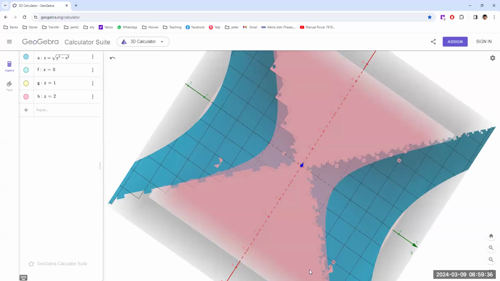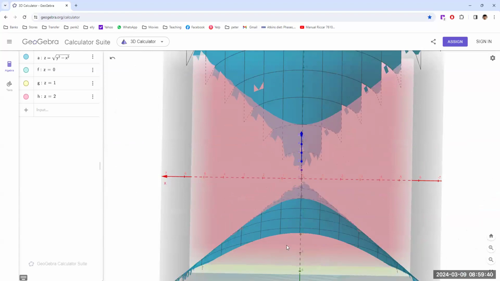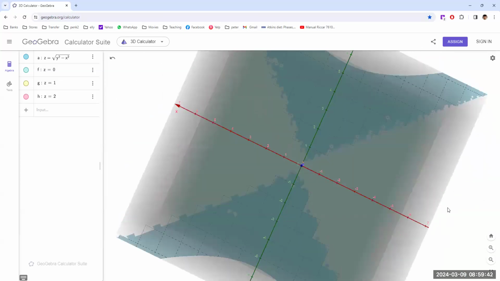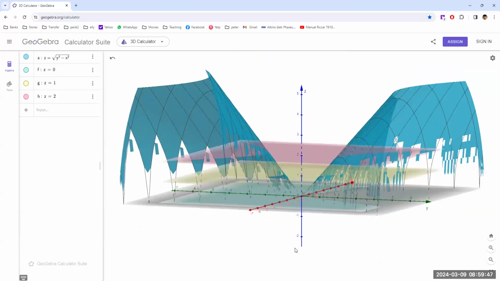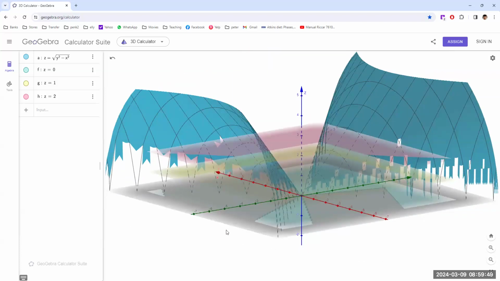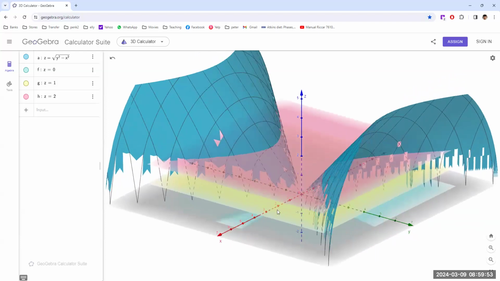If we see it from above, I think this is actually a pretty good picture. I need to rotate this. I'm sorry. This is the regular view we have, right? From the first octant.